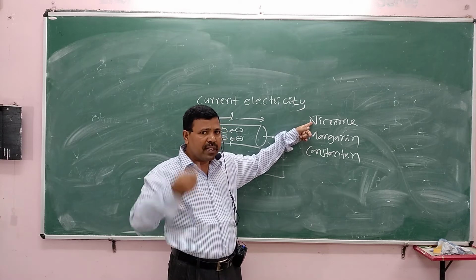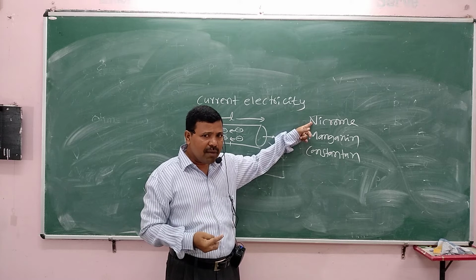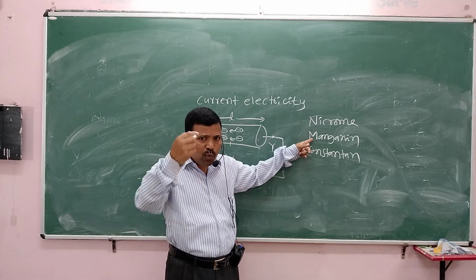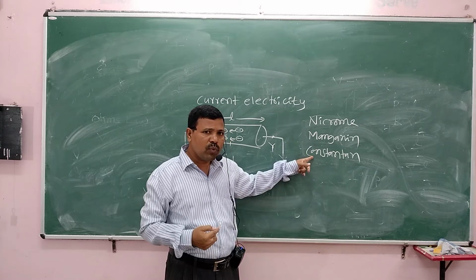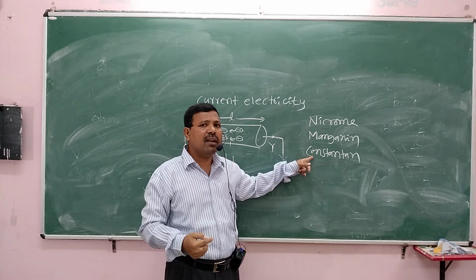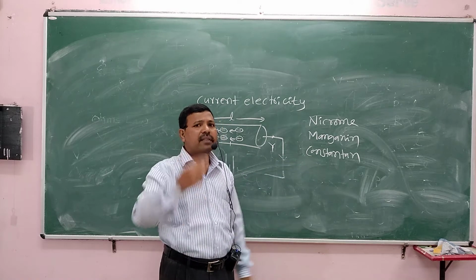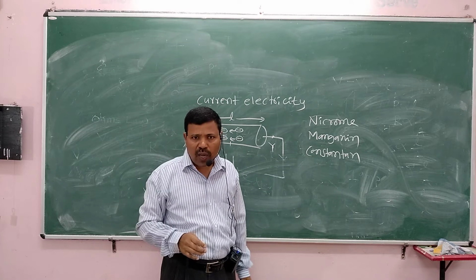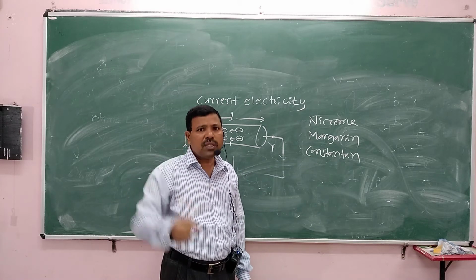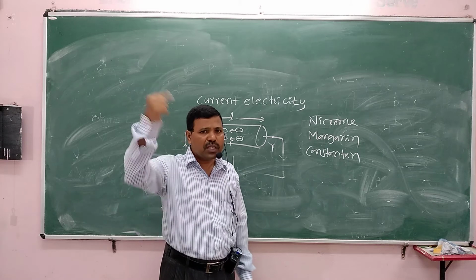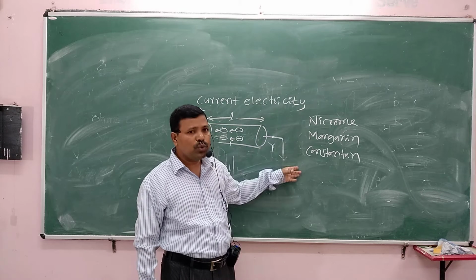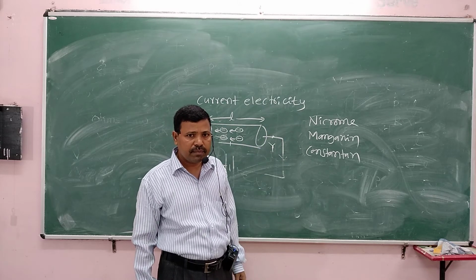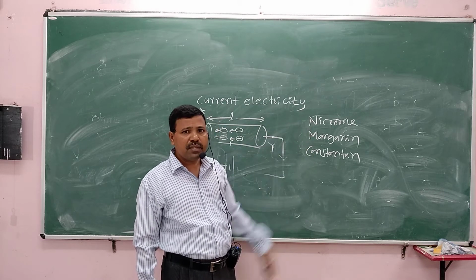This nichrome wire is used as a heating filament. This manganese wire is used as a heating filament. This constantan wire is used as a heating filament. Just like tungsten. Tungsten is not an alloy, but it is used in electric bulbs because its melting point is very high. Similarly here, they too have high melting point. They have high resistivity.